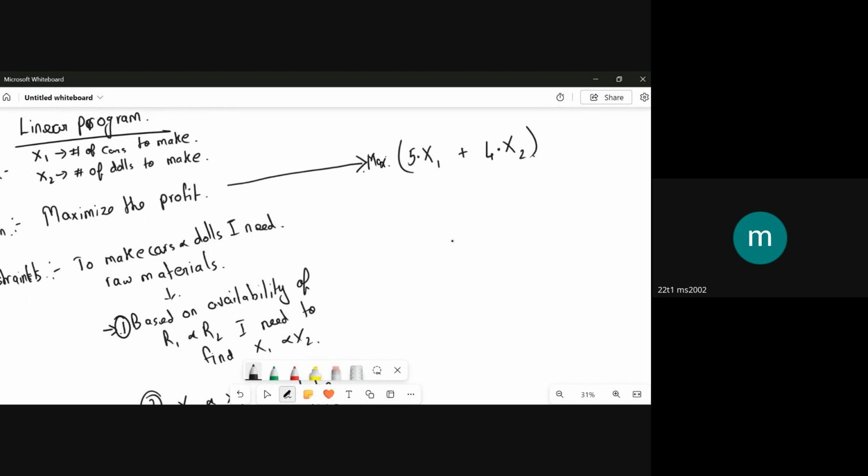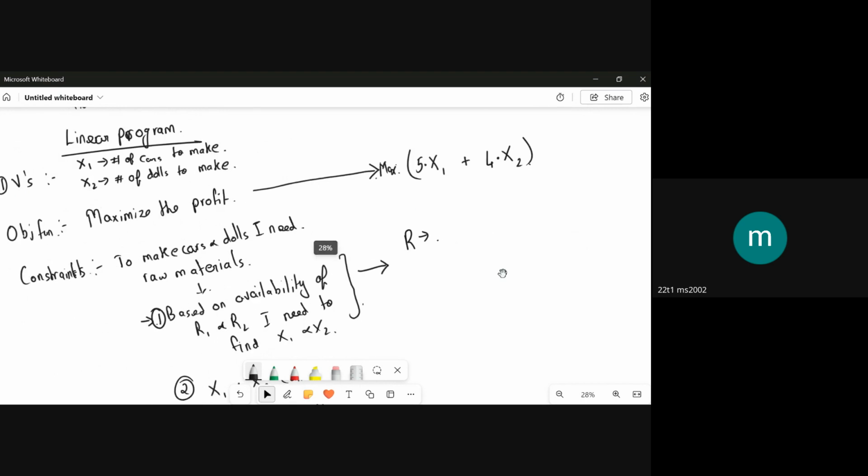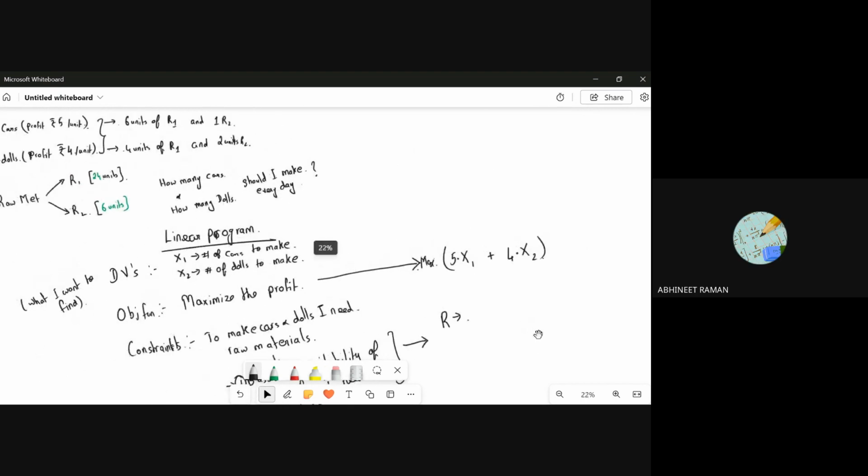Okay. Then comes the question of available raw materials. Since I have 2 raw materials, I must make sure that the availability for R1 and the availability for R2 are met. So when I talk about R1, to make 1 unit of a car, how many raw materials do I require? 6 R1.